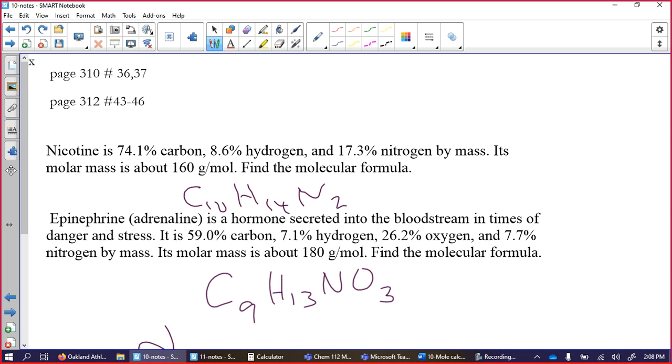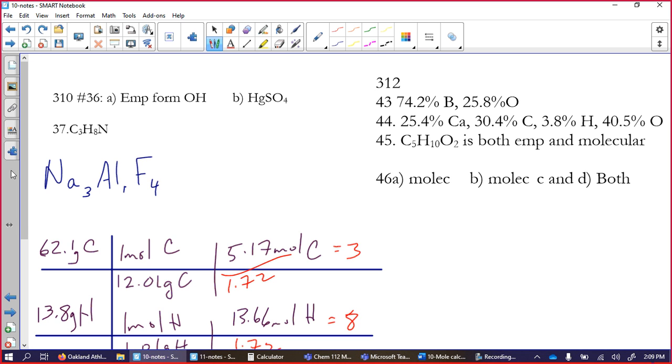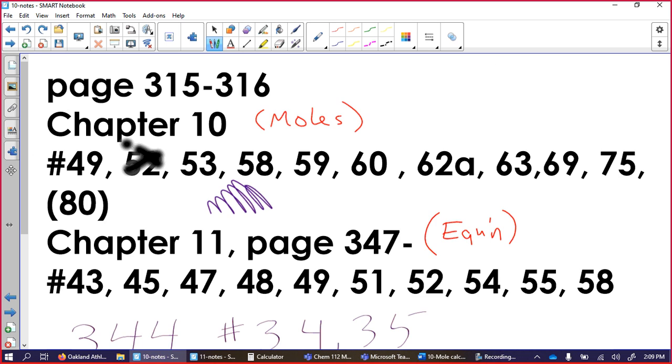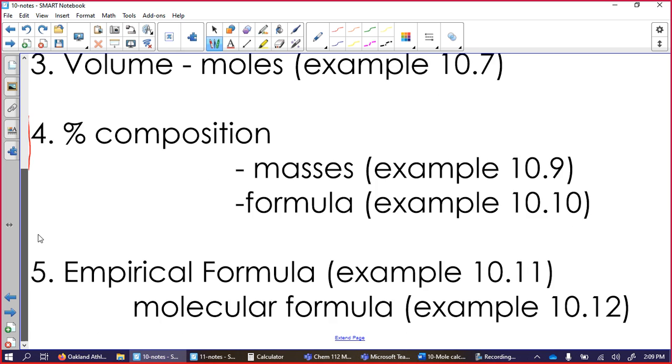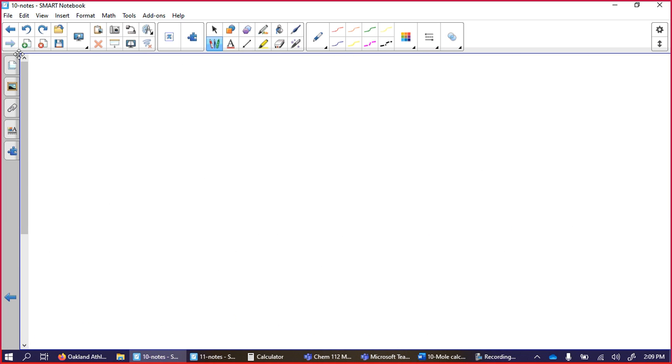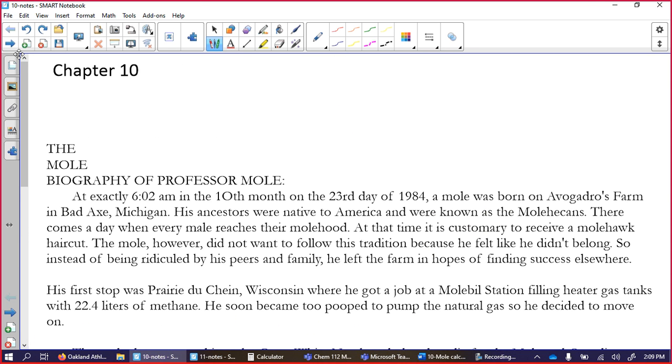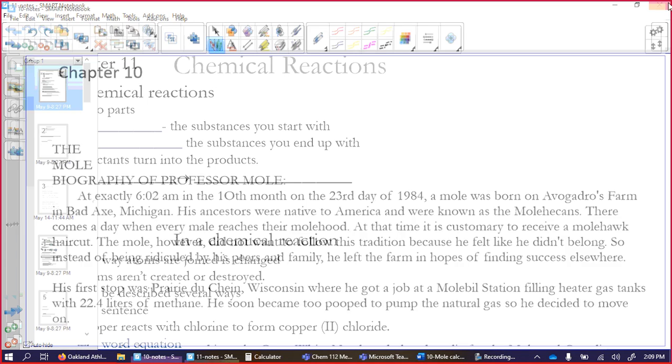But to make sure we get through equations and stoichiometry and concentration, if we have time to come back to this sometime, we do. If not, it may be something like this: particles to moles, molar mass, volume to moles, percent composition. That's the stuff that we were supposed to do. But time is of the essence.